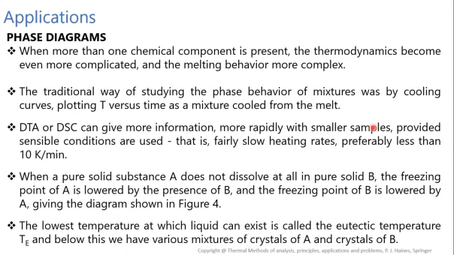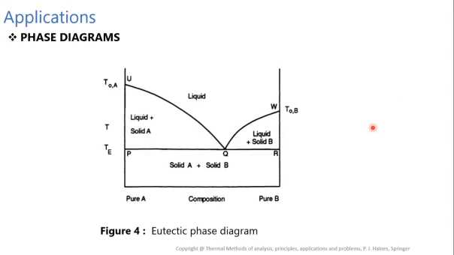The lowest temperature at which liquid can exist we call the eutectic temperature, TE. Below this, we have a mixture of crystals A and crystals B. So this is the eutectic phase diagram.